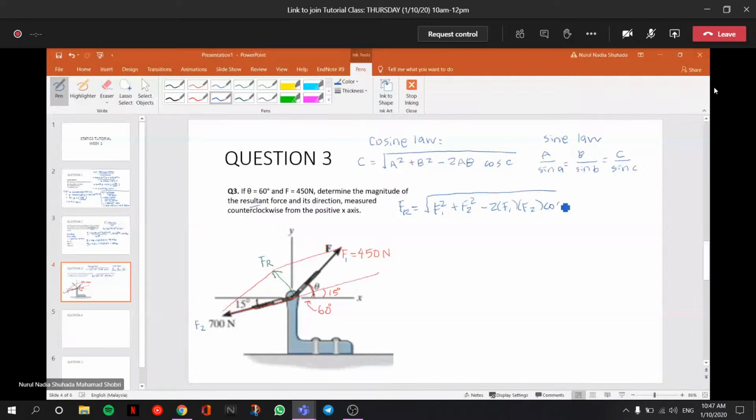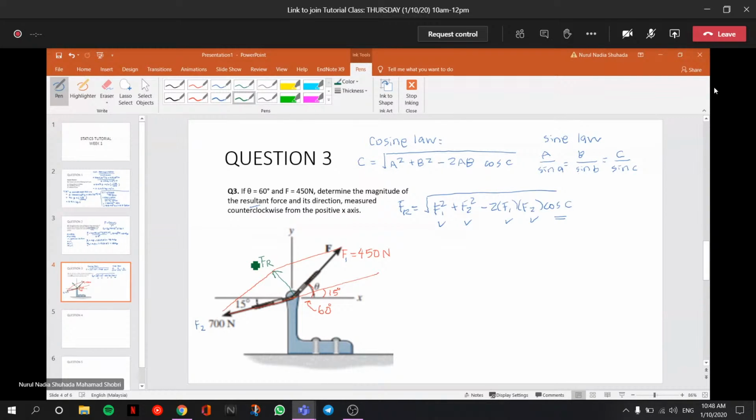So we have F1, we have F2, but we don't have the angle c here. So we have to find the angle for cos c first. As you guys know, we can rearrange the arrows here into a triangle. This is the parallelogram.